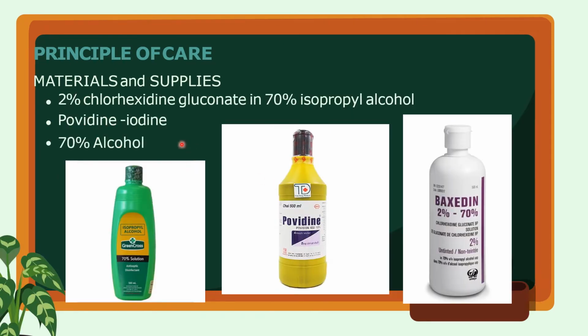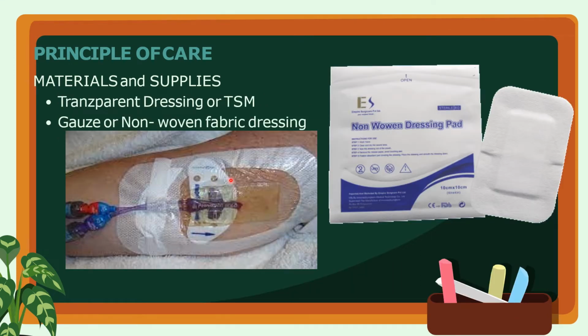For cleaning solution, we will need at least 2% chlorhexidine gluconate in 70% isopropyl alcohol, or povidone iodine in 70% alcohol. We will also need transparent dressing, gauze or non-woven fabric dressing.